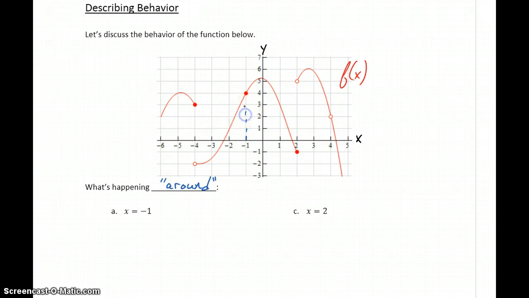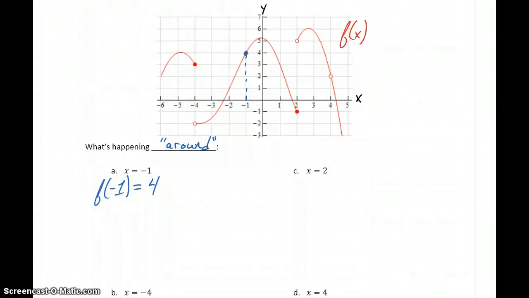So we can trace up until we hit our actual function value. So in this case, the first thing we could start by noticing is that f of -1 is equal to 4. So since we have that filled in circle, that indicates our function is defined there. That point exists on our graph. So that's the simple thing we can talk about, whether or not our function is defined if there's a point.